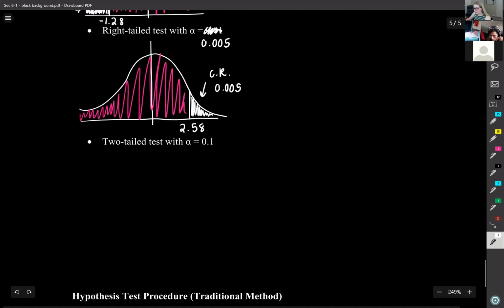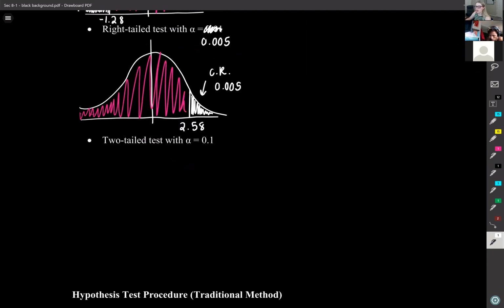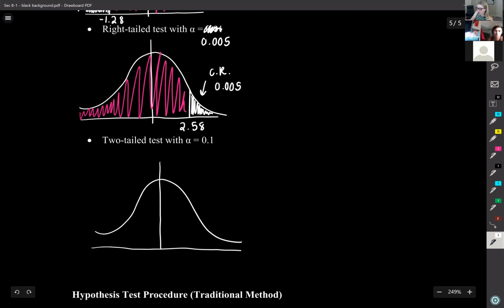Let's do the last one, which is a two-tailed test with alpha equal to 0.1. That means in each tail, I need half of this. So 0.1 divided by 2 is 0.05. In these two tails, I need an area of 0.05 each.